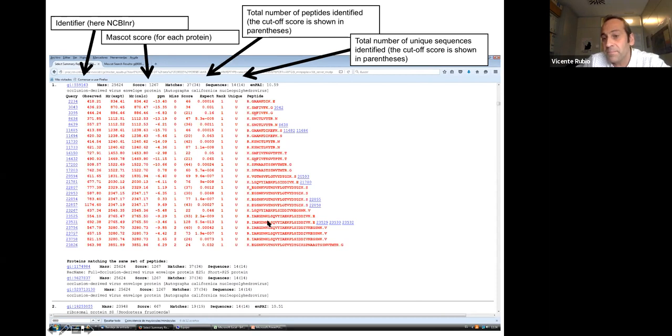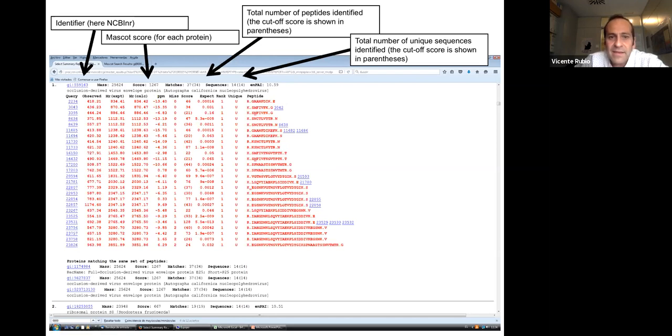So the more peptides you identify, the more reliable the identification is. And if those peptides are more specific for that particular protein, the score is higher. If that specific peptide is only found in this specific protein, that increases the score, of course.